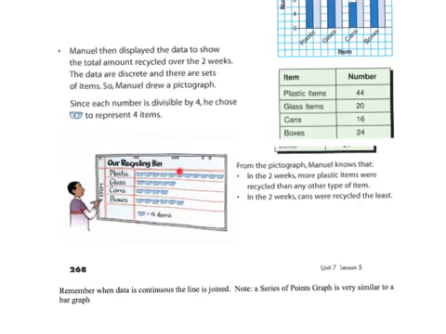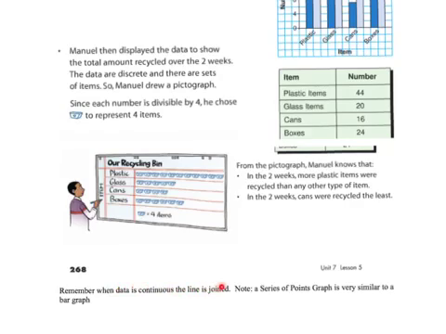So for the plastic containers, because there was 4 items in each, he would need 44 divided by 4, 11 containers, and so on. We can clearly see that in the 2 weeks, more plastic items than anything else were recycled. We could see that 4 more glass items were recycled, 8 more boxes were recycled, and so on. We can be quite specific. Also a good use of data. A good graph for this is a pictograph.